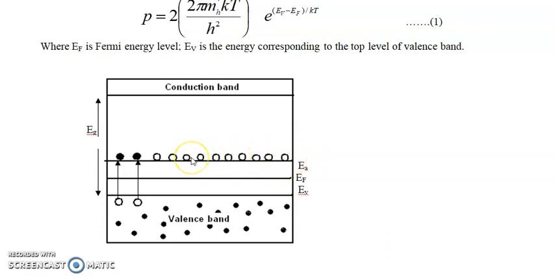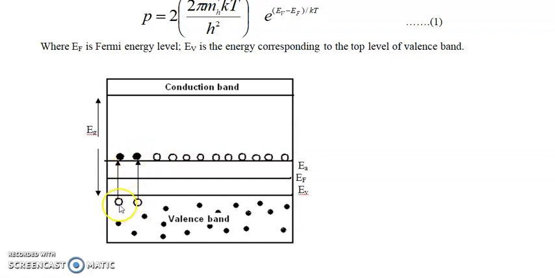Those holes are available in the acceptor level, ready to accept electrons. So when an electron in the valence band gains a small amount of energy, it transfers to the acceptor level. As a result, a hole is created in the valence band, and the acceptor level is filled with an electron. These electrons are called ionized acceptors.